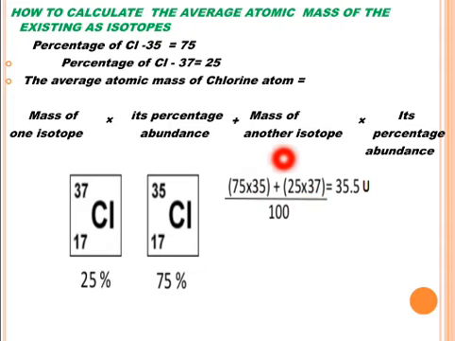On calculating this whole, the average atomic mass of chlorine comes out to be 35.5 U. It means when we take the average atomic mass of these two isotopes of chlorine, chlorine 37 and chlorine 35, we take 35.5 U.